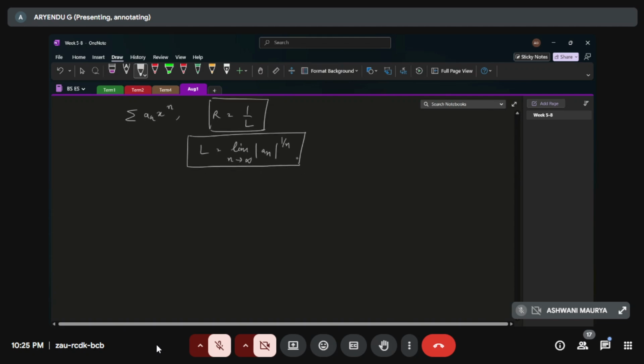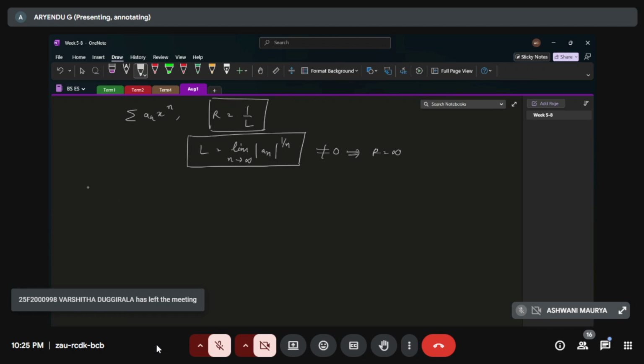We know that this should not be equal to 0, since that would imply that r is equal to infinity, which is not what we want. That is all for the radius of convergence. It is something that you might be asked, and we need to be aware of that.